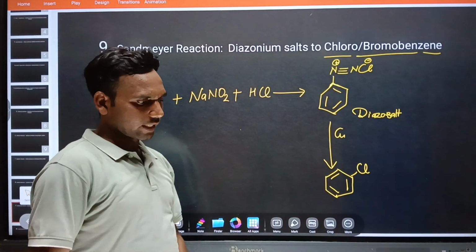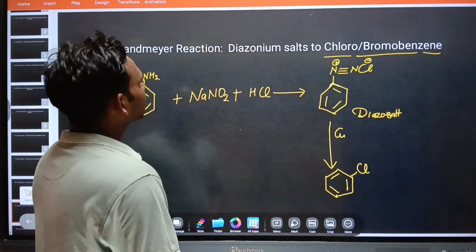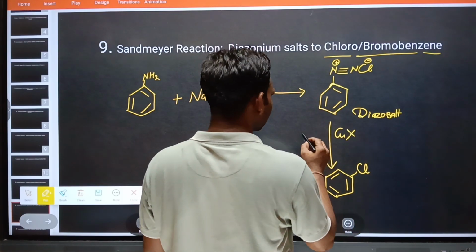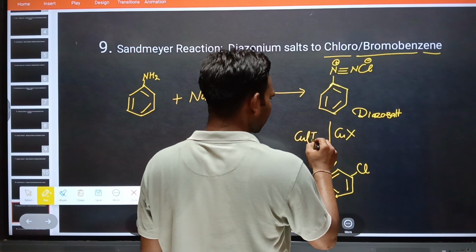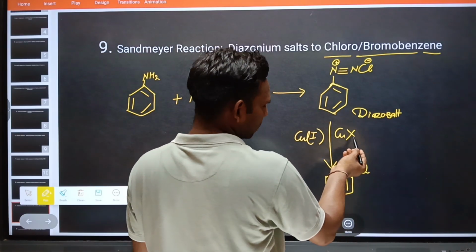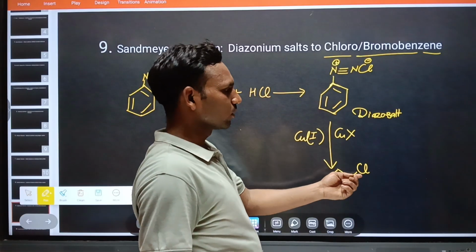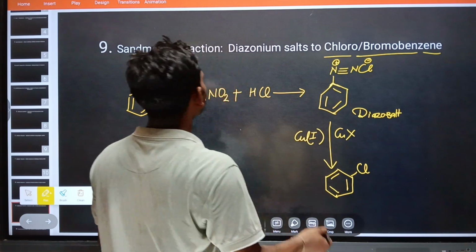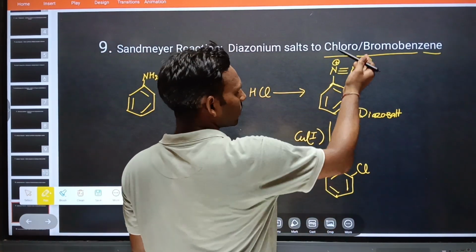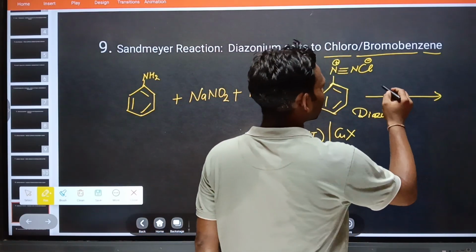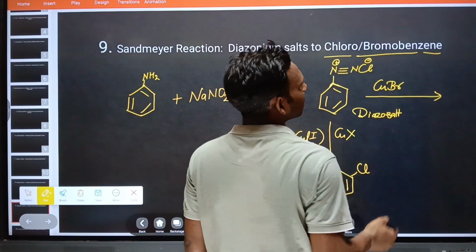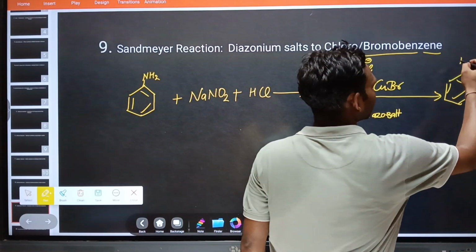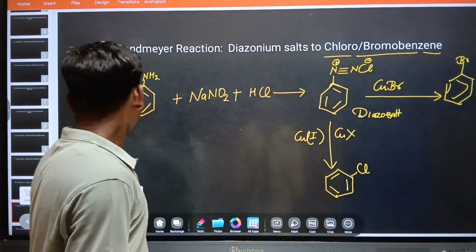That's our Sandmeyer reaction. Highlight: copper is in the first oxidation state, Cu(I). CuCl, X means Cl, forms chloro; X means Br, forms bromo. Chlorobenzene forms here. Same as bromobenzene: with CuBr, bromobenzene forms. Simple reaction.